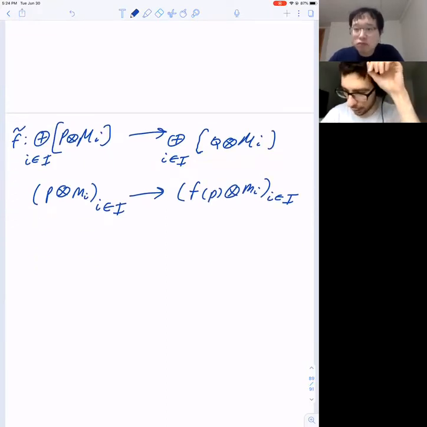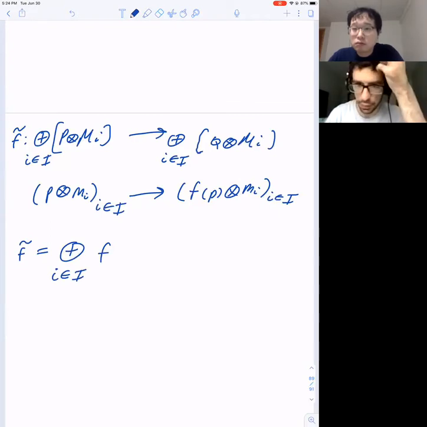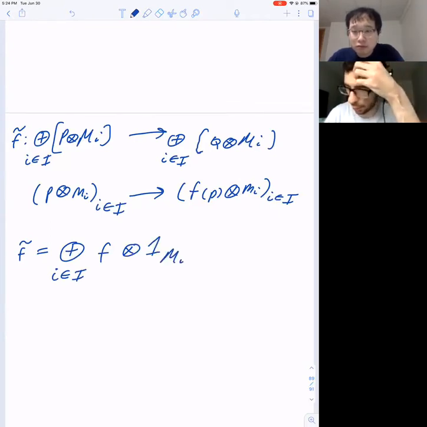Notice that F tilde is actually the direct sum of the maps F tensor identity on Mi.